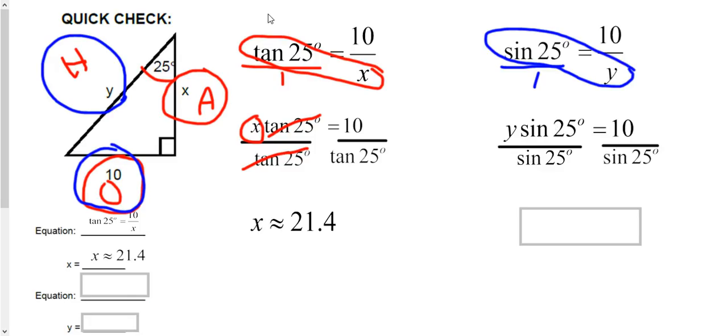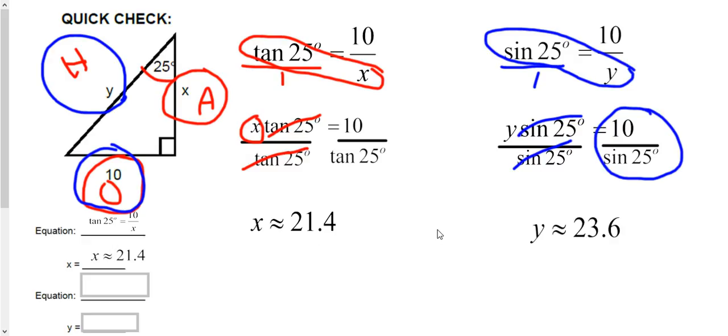We divide by the sine of 25 degrees. That cancels that out and goes away. We're ready to put this in the calculator. So remember, this is not 10 sine of 25, it's 10 divided by the sine of 25 degrees, which rounds to approximately 23.6. So there's our y.